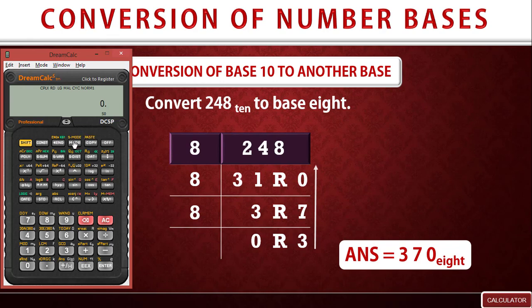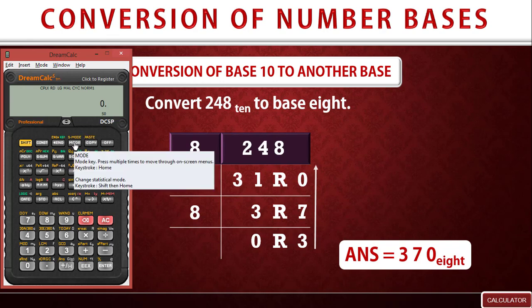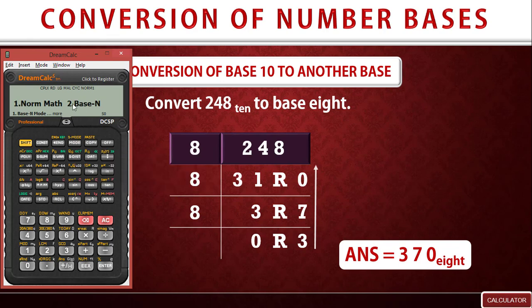To do that, go to mode on your calculator, click on mode, and then you see something like base. There is base n, with a number. All you need to do is press 2. You might not have this on your calculator, but after pressing 2, it might take you to the number base direct. I'm going to press 1 here.